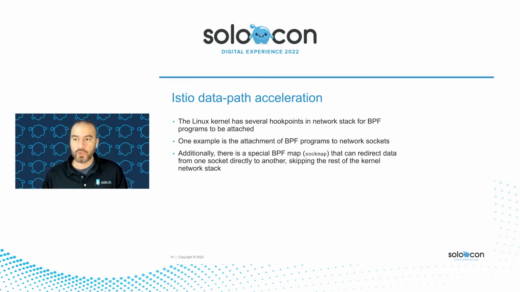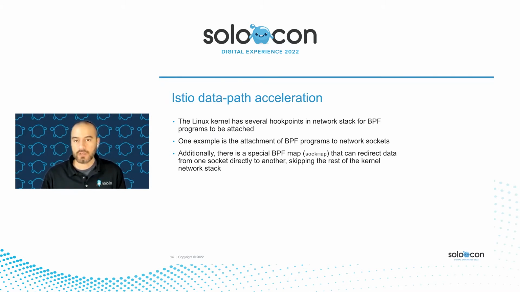So again, you can attach an eBPF program to pretty much anywhere in the network stack. There are very specific places, but there's a network location for an eBPF program, for example, a network socket. So the network sockets that we were looking at for the pet store and for the Envoy container, you can attach an eBPF program to those sockets.